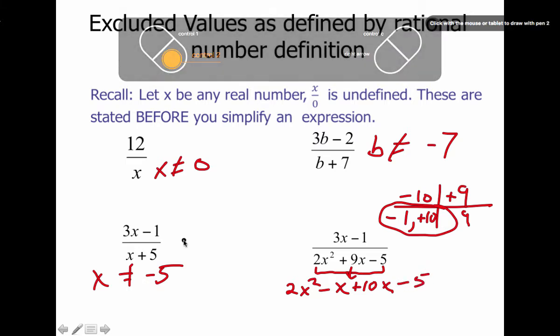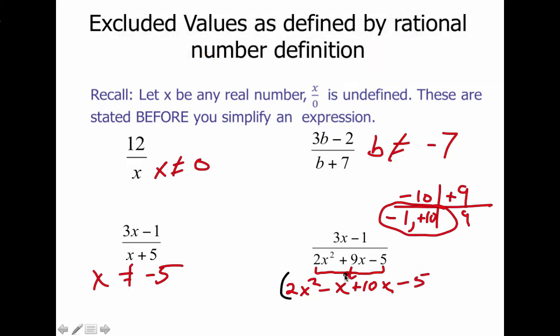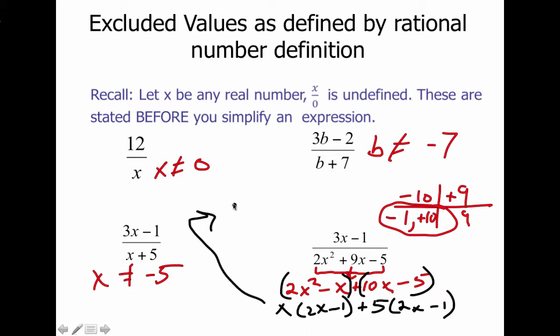And now I'm going to factor by grouping. Group, group, group, group. Take an x out: 2x minus 1. Take a 5 out: 2x minus 1. Now take a 2x minus 1 out, and I'm left with x from the first and 5 from the second.